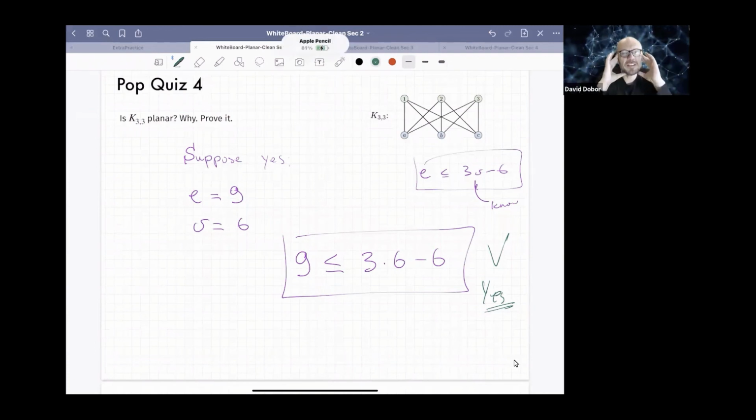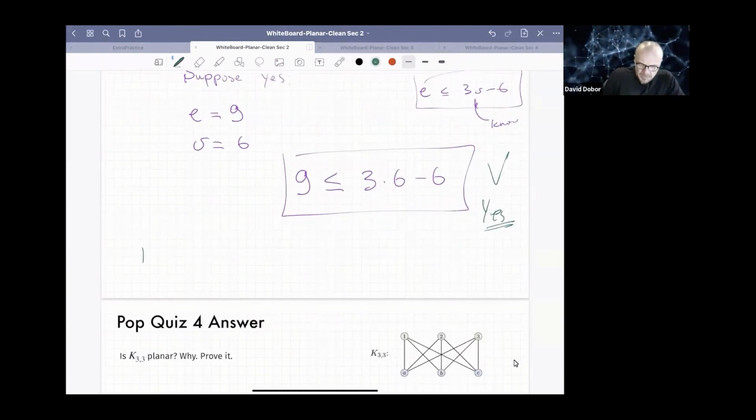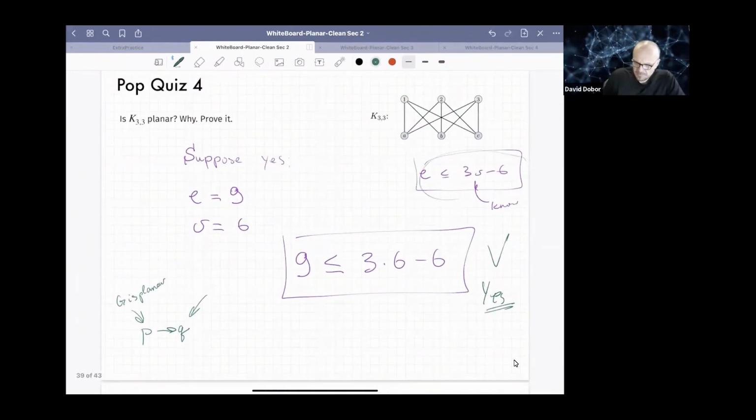What is the theorem that I just proved to you and everybody agreed? We proved the following, so please follow. This is the logic thing now. It's not math anymore. P implies Q is what we proved. If G is planar, then something holds. That something was this relationship: E is less than or equal to 3V minus 6 holds. This is what we proved.